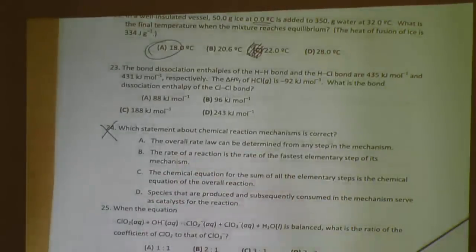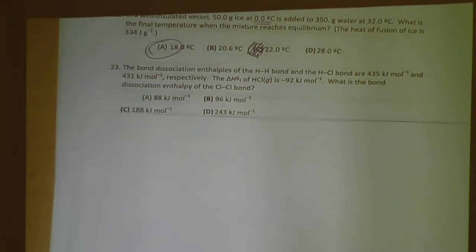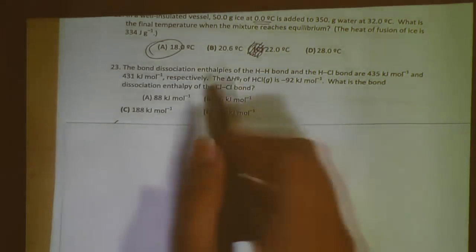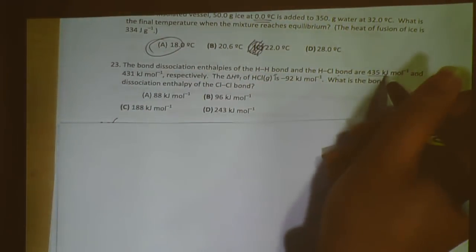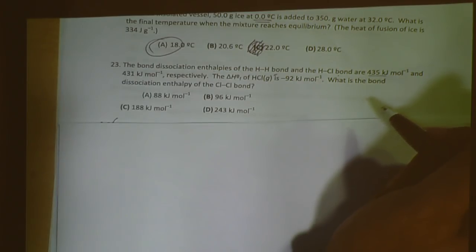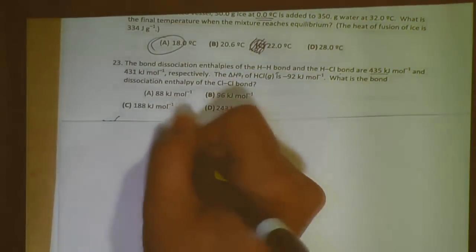Okay, 23. 24, ignore. It's again Chem 2. Okay, so it's telling you that the bond dissociation enthalpies of the H to H bond and the H to Cl bond are this and this, respectively.